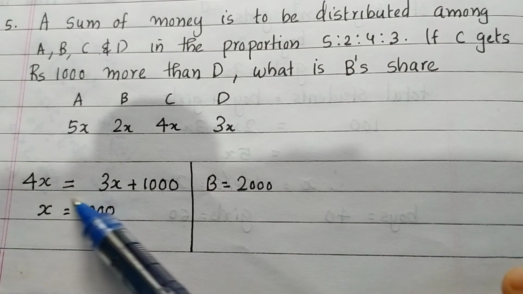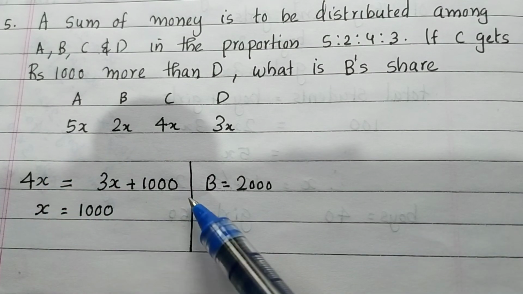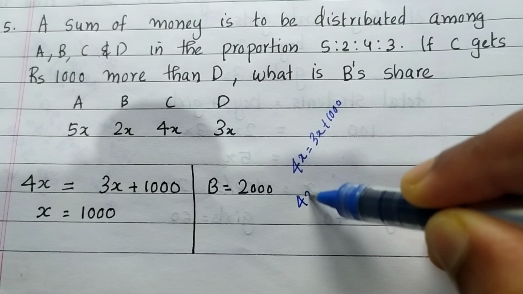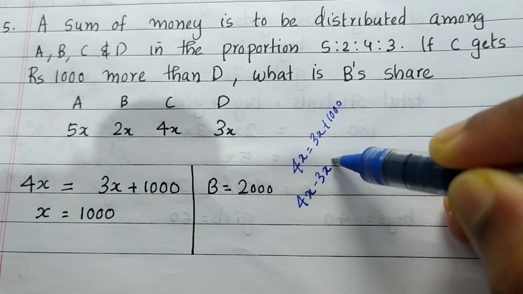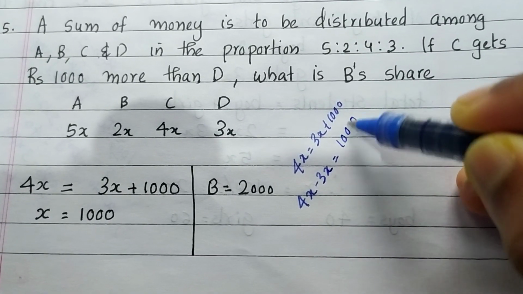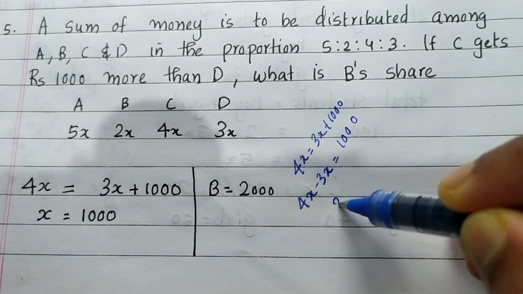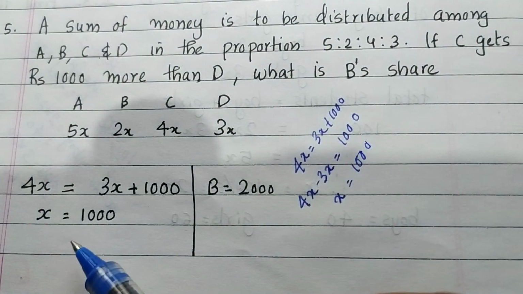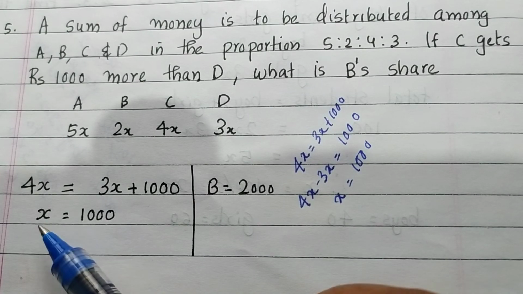From this equation, we can get the value of x, right? 4x minus 3x is equal to 1,000. So 4x minus 3x is x itself. X is equal to 1,000. We get 1,000 as the value of x.